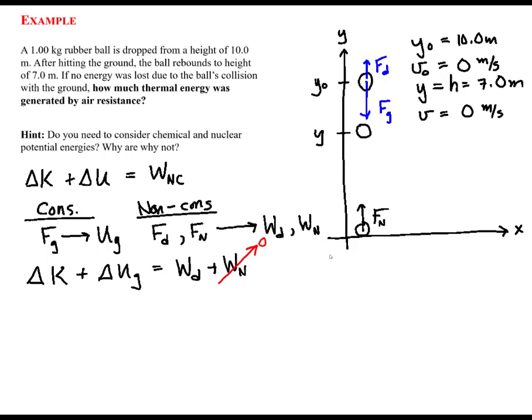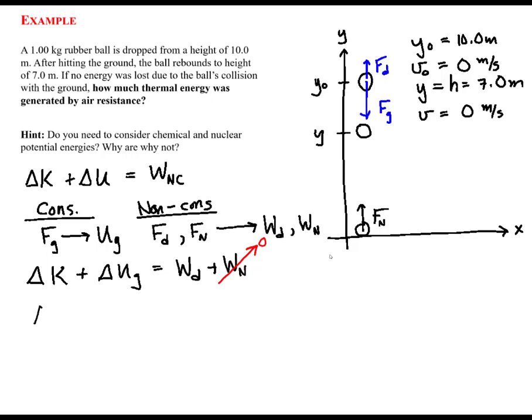Now, because it says no energy was lost due to the ball's collision with the ground, I'm going to assume that any energy that was lost would have been into deforming the ball. So since we're assuming that no energy is lost, we'll just assume the work done by the normal force is zero. That leaves us with the work done by air resistance, W sub d.